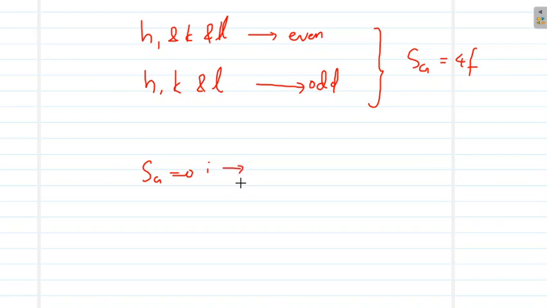So for example, KCl and KBr crystals have this FCC structure, and the planes corresponding to these combinations do not give any diffraction intensity. So the structure factor will be 0 if h, k and l are partly odd and partly even.